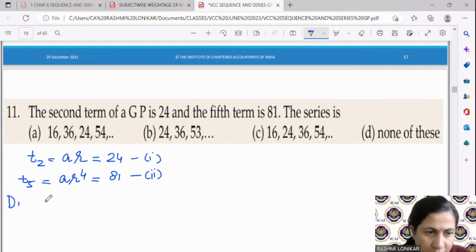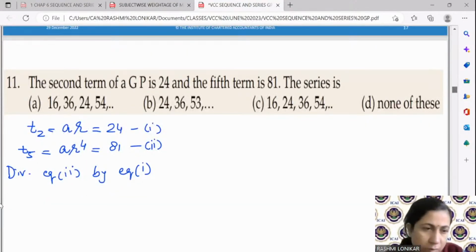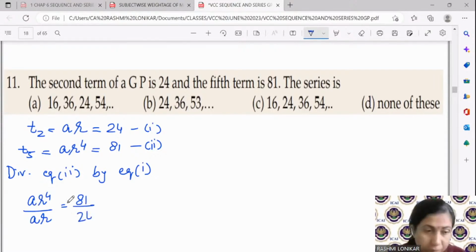Dividing equation 2 by equation 1. Okay. How much do I get? That is AR raised to 4 upon AR, which is equal to 81 upon 24. Okay.